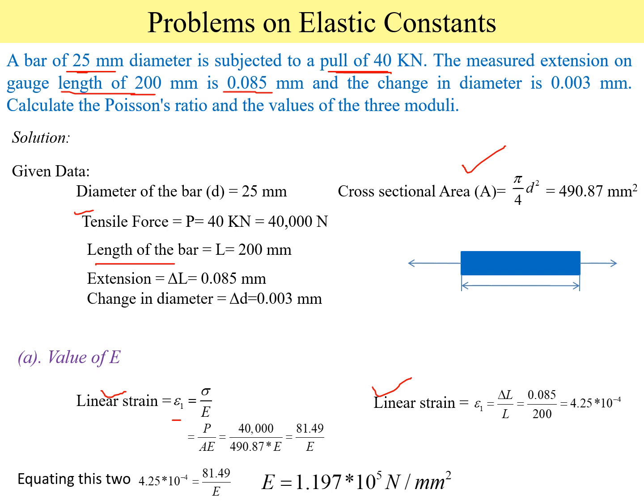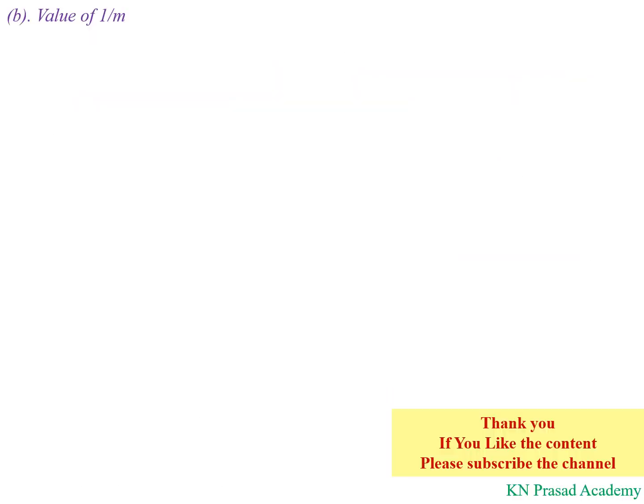Newton per mm square. Next we have to calculate the Poisson ratio. What do we mean by Poisson ratio? Poisson ratio is the ratio of the lateral strain to the longitudinal strain. In the previous step, we already determined the longitudinal or linear strain, that is the change in length divided by the original length, which is 4.25 into 10 to the power of minus 4.